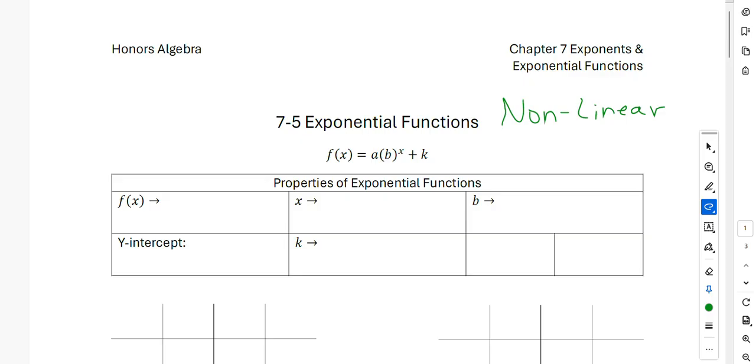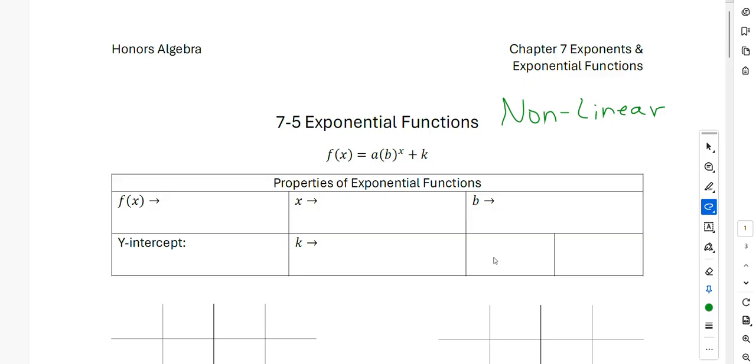Okay. So this is our standard form of an exponential function. It's got a lot of different pieces that we're going to define. In this lesson, we're not doing any story problems. We'll save those for Monday. We're just going to look at what these graphs look like, and then work through a couple of different scenarios.